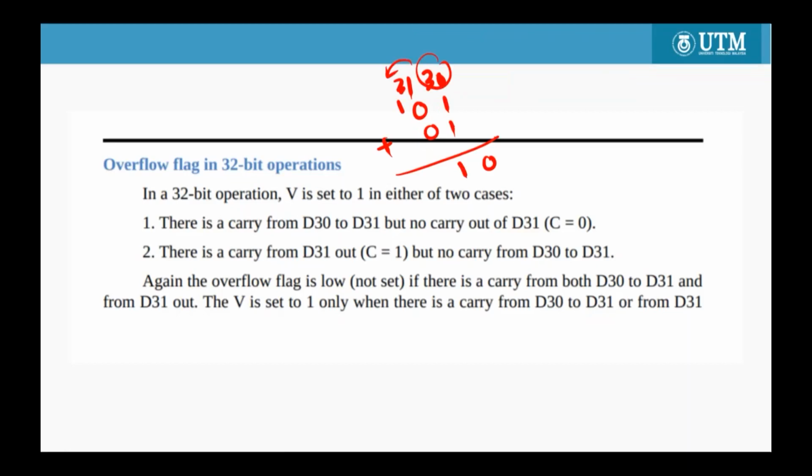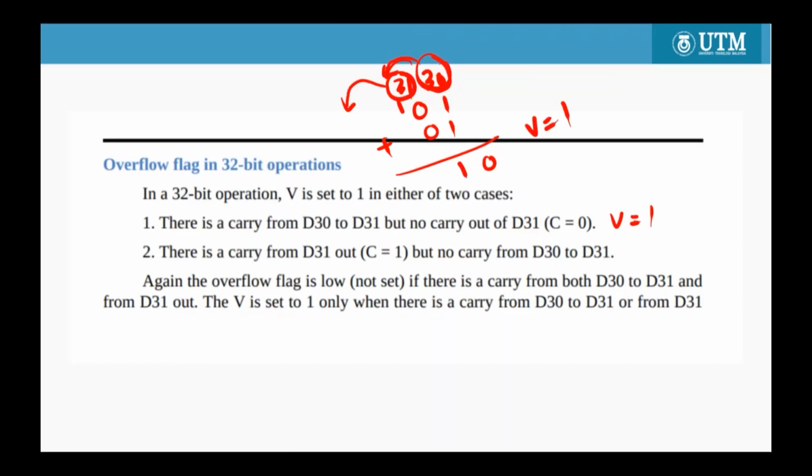So V equals 1. Why? Because you have a carry from bit 30 to bit 31, and at the same time there is no carry out from bit 31.